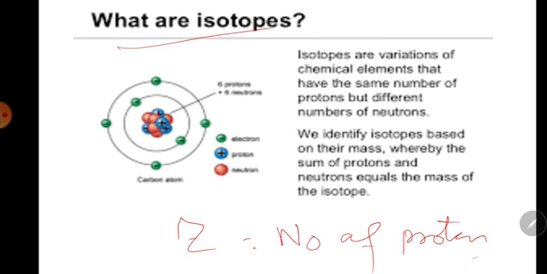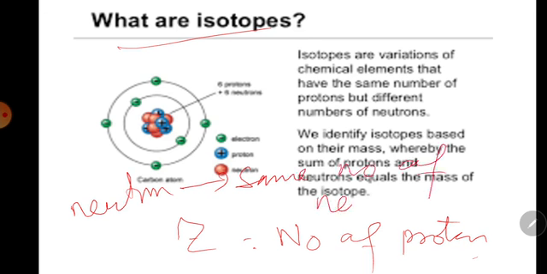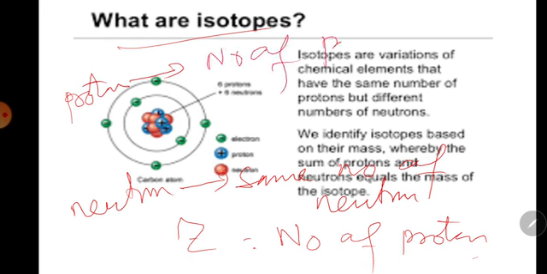Isotopes are the elements which have the same number of protons, the number of positive charge particles. So isotopes have the same number of protons but a different number of neutrons.